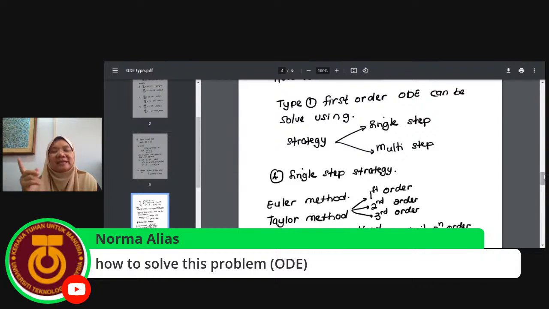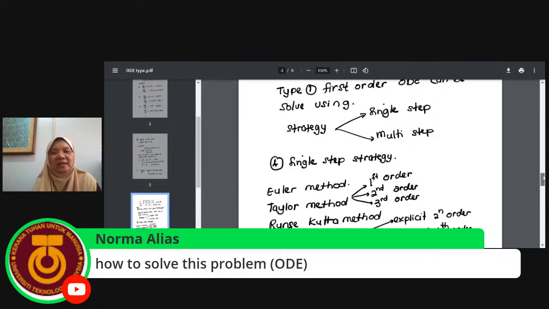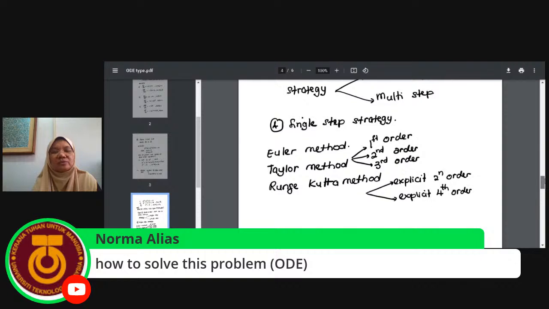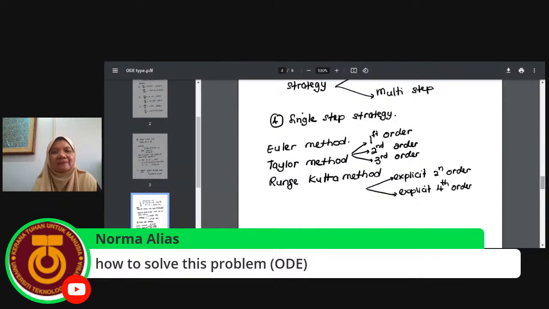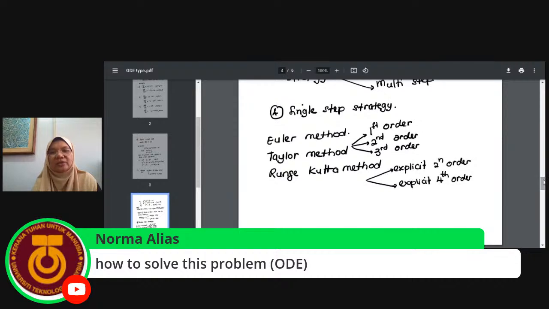Single step, you learned in chapter 8, numerical 1, where you learned solving ODE using Euler method, using Taylor methods, and solving first order ODE using Runge-Kutta method. You learned about the Runge-Kutta method, explicit second order and explicit fourth order. This is not considered multi-step. This is only considered single step.